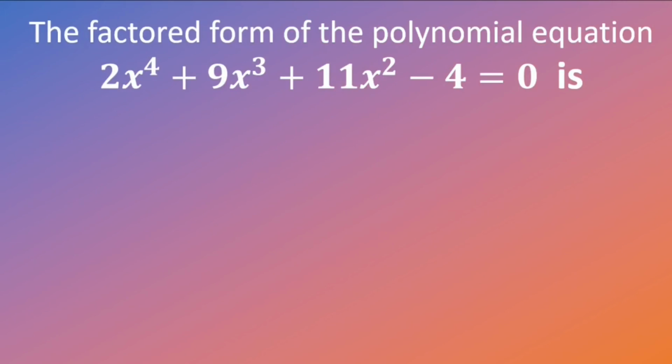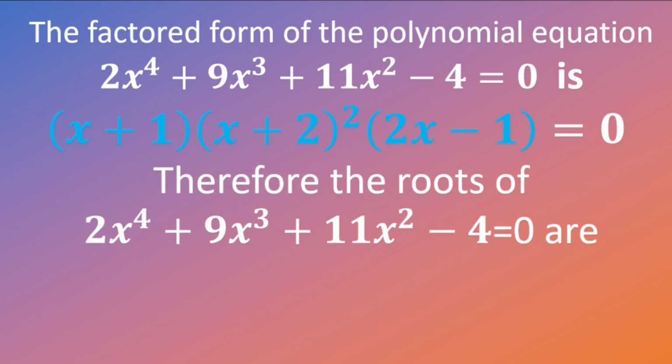We are now almost done. So, let us arrange all the factors of the polynomial equation 2x raised to 4 plus 9x cubed plus 11x squared minus 4 is equal to 0. So, using our solution, the factored form of the polynomial equation 2x raised to 4 plus 9x cubed plus 11x squared minus 4 is equal to 0 is x plus 1 times quantity x plus 2 raised to 2 times quantity 2x minus 1.